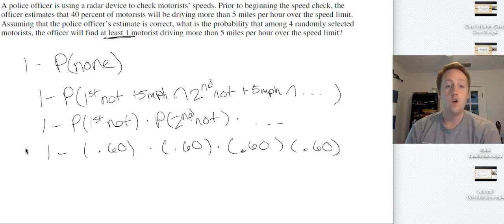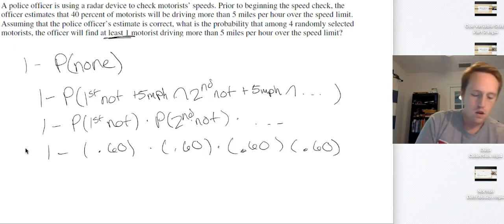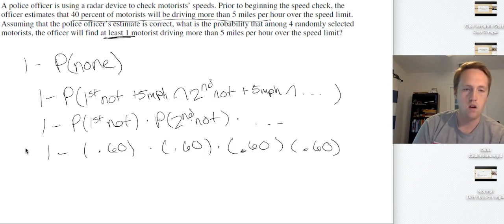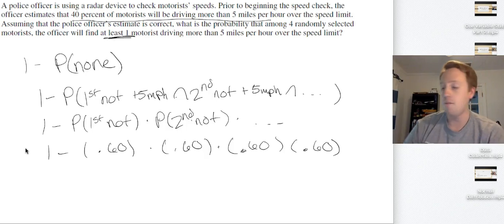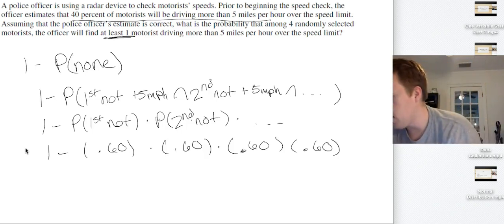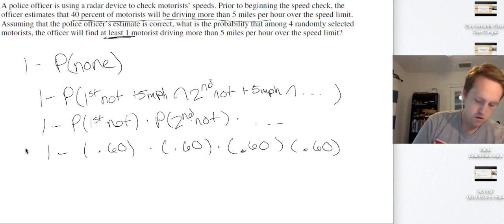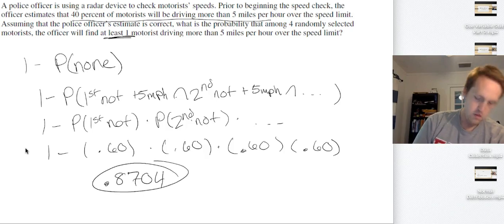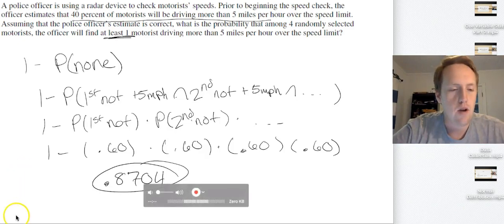Now I know what you're thinking. Where did all these 0.60s come from? It says 40% will be driving more than 5 miles per hour over, so 60% should not be. So if I do that in the calculator, I get 0.8704. And just like that, the probability ended.